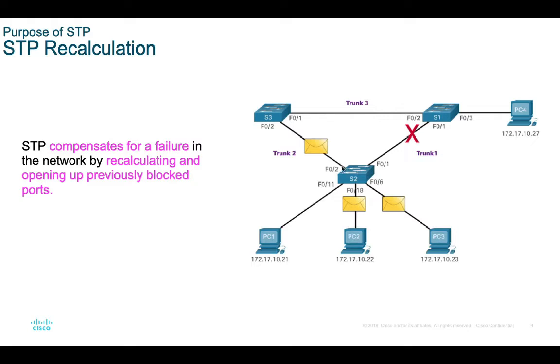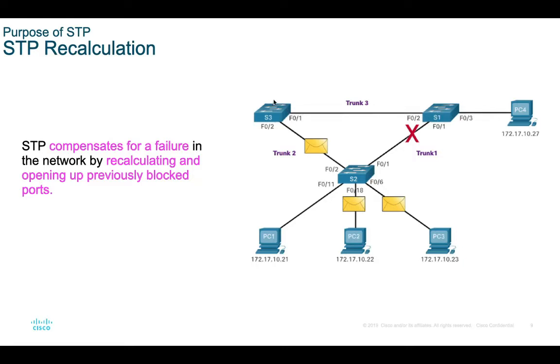Okay, now the broadcast has been received by switch 1. Switch 1 also records the MAC address AAAA as located at port F0/1, and switch 1 will forward the broadcast to all other ports, F0/3 and F0/2.